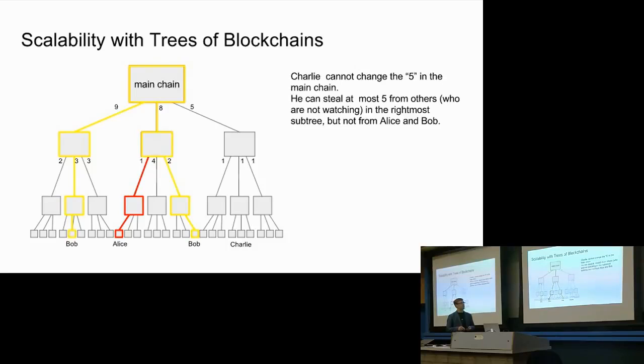So if Charlie tries to move 5 tokens into the main chain, even though he doesn't legitimately have them, he will be able to do that. So he can steal from other people, but if this theft is possible, then this in turn means that these people weren't watching their chains. Because if they watch their chains, then Charlie can't get that far up. He can only get as far up as the chains that he's using.